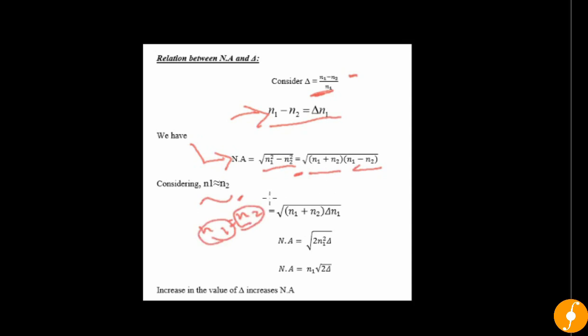When we do this here, we get n1 plus n1, twice of n1, and the value of n1 minus n2 is delta n1 from here. So twice of n1 multiplied by delta n1 inside the square root, which is equal to twice of n1 square delta inside the square root. So this is the value we'll get.